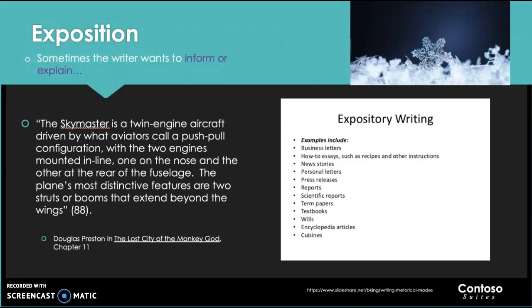The two engines mounted in line, one on the nose and the other at the rear of the fuselage, the plane's most distinctive features are two struts or booms that extend beyond the wings. So this is just telling us about the engine in this twin-engine aircraft. It's giving us information of how it's made, how it works.